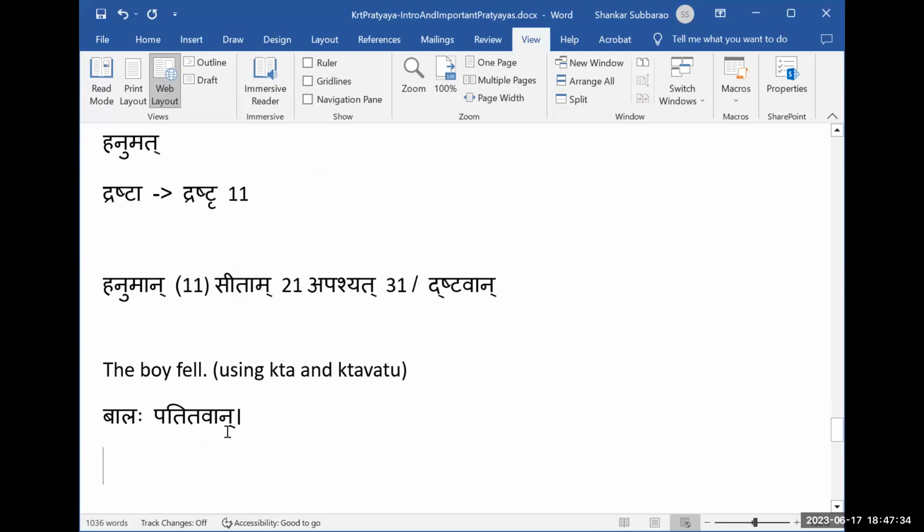Now I want to say it. What kind of a root is it, to fall? It's gatyarthaka. There's a movement in it. And it's akarmaka, both. Therefore, I can use kta pratyaya also. How will I say it now?